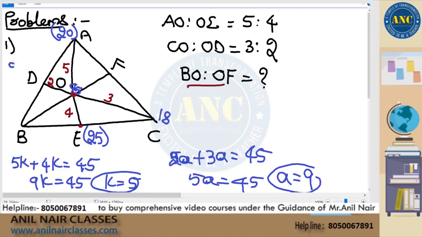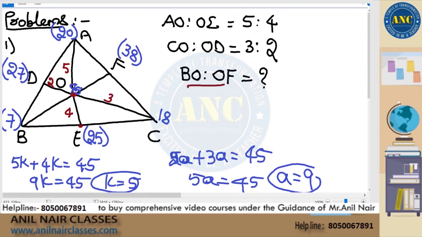What is 3a? 27. If this is 25 and this is 18, this has to be 7. Now 20 plus 7 is 27. If this is 20 and this is 18, the middle value is 38. 38 plus 7 is also 45.